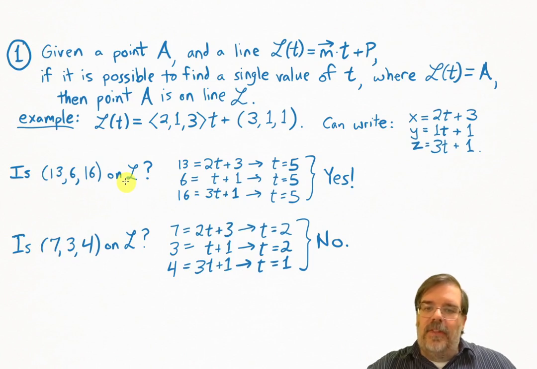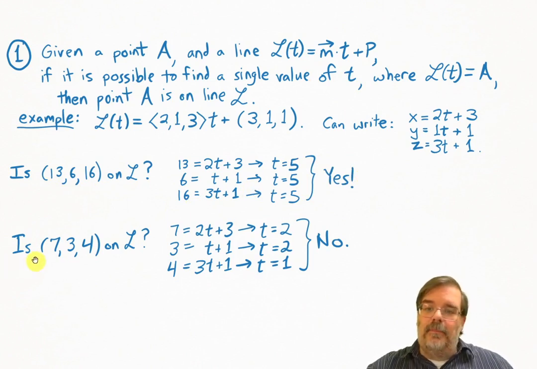Well, to figure that out, put in the values 13, 6, and 16 in for x, y, and z, and solve each of these equations for t. Right, there's 3 equations, but they're all pretty simple equations. When you solve them, in this example, you'll find that in each case, t is equal to 5. Since you're able to find a single value of t, at that time t equals 5, the line passes through this point. The answer to the question is yes.